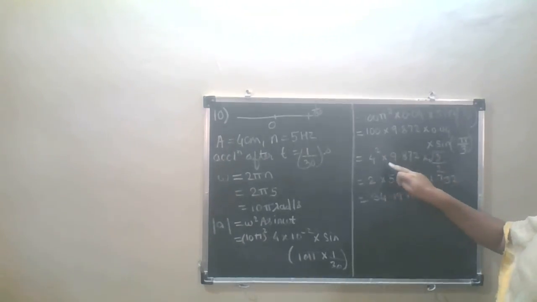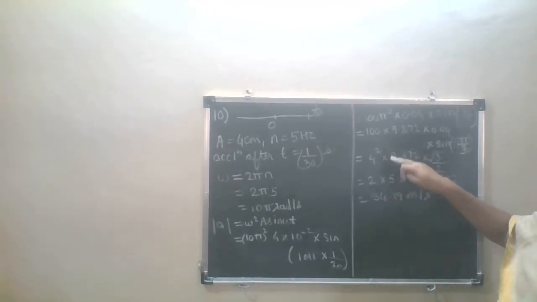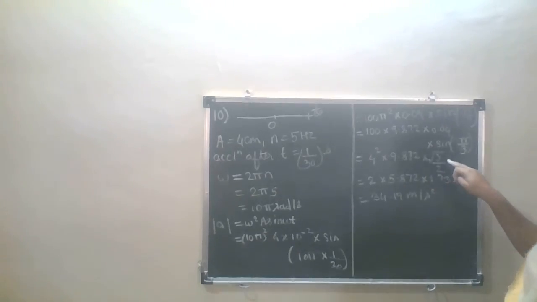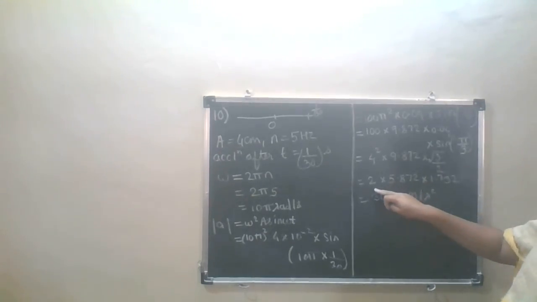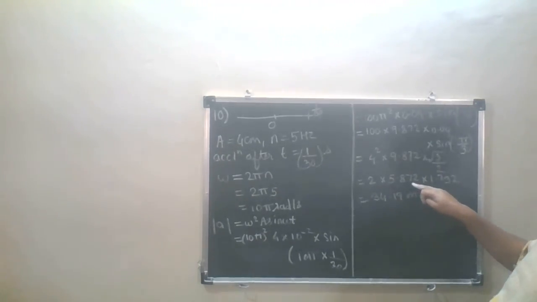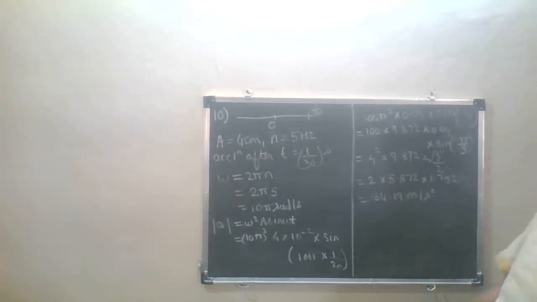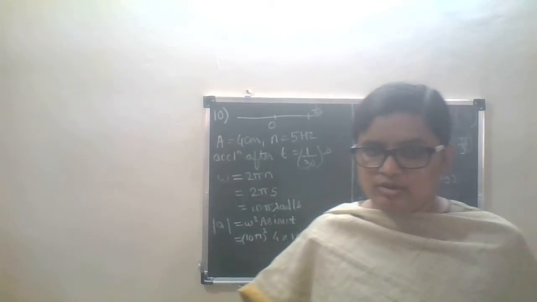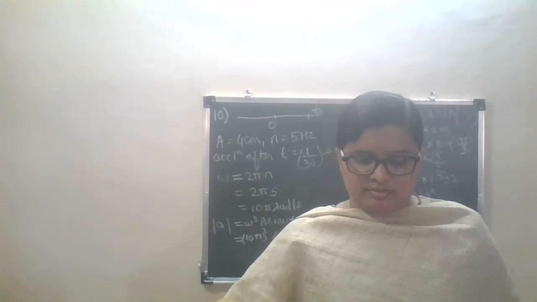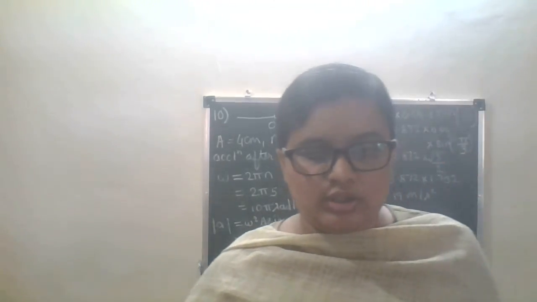Then we are taking 4 square, then 9.8 into root 3 by 2. Then 2 into 5.8 into 1.732, and this will be the answer, 34.19 meter per second square. This was the answer of your 10th question. Now we will solve question number 11.